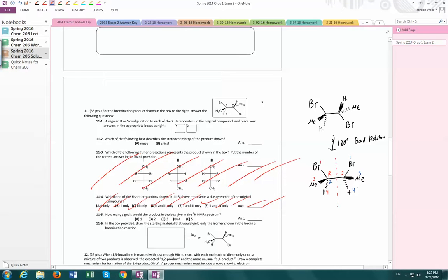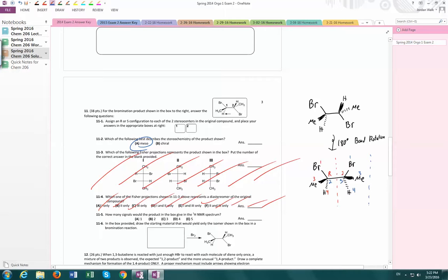Does that make sense for S? Yeah, it does. So we have our plane of symmetry, we have our 1-to-1 ratio, so we know that that'll be meso. Furthermore, you can always try to confirm that it's meso by checking to see if it has an enantiomer. And so if you mirror planed this, in this kind of fashion, we would end up with the same exact molecule.